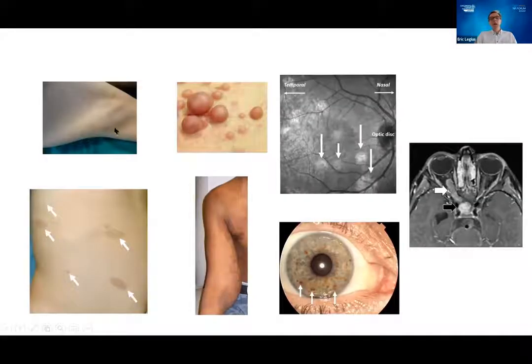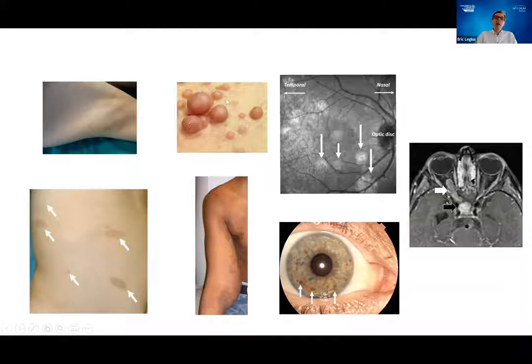Here I made a slide to show the multiple café au lait spots, and these new diagnostic criteria are now published, and all these images that you see here represent findings that refer to one of the criteria and are also added to the manuscript. Here you see the freckling in the axilla.